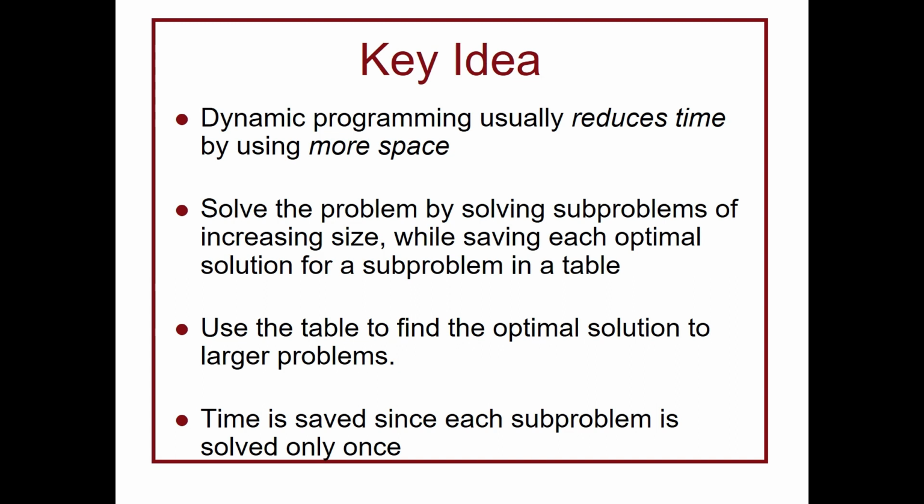So time is saved by both these properties. Since there is subproblem overlapping, instead of recomputing again and again, we save time by employing more space. And because of the optimal substructure property, we know which solutions to explore and which not to.